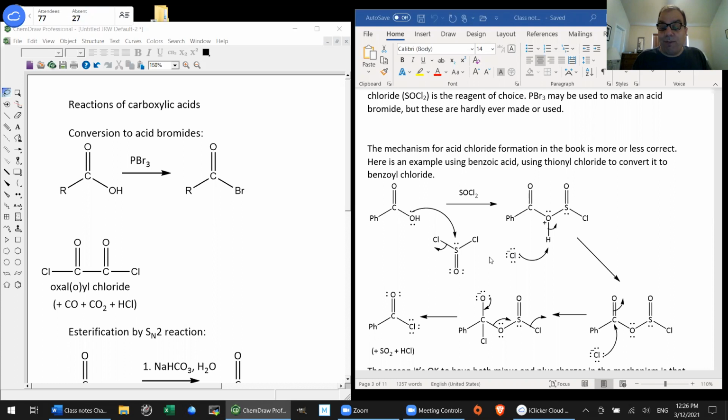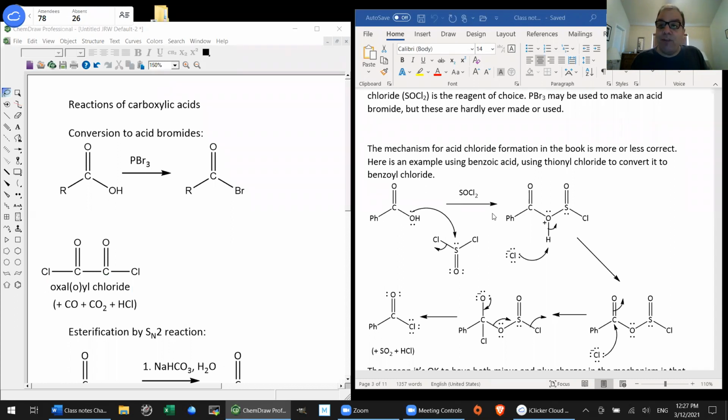And remember what we've said about that. You're only going to use a halide ion as a base when there literally is nothing else. And my understanding with the thionyl chloride reaction, and the closely related oxalyl chloride reaction, is that usually we like to add a mild base, an amine base, to go along with this, to help mop up this HCl.